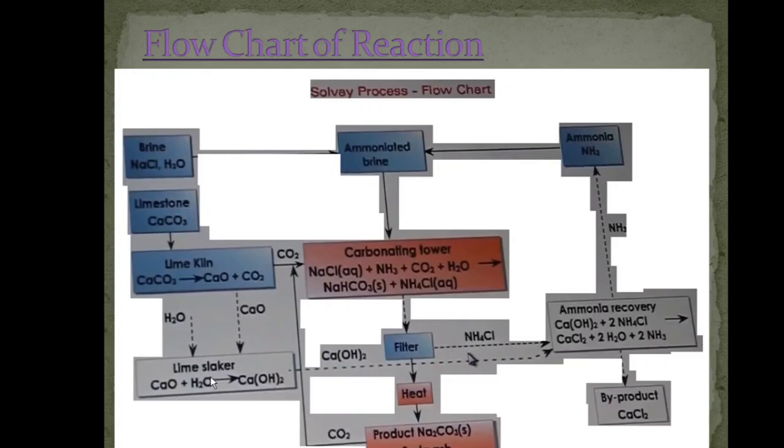Then the calcium hydroxide, which is obtained from the lime slacker, is reacted in the ammonia recovery still along with this ammonium chloride, and it gives calcium chloride plus water and ammonia. This calcium chloride is used as a byproduct and the ammonia which is produced is again recycled into the ammoniation tower. So this is the Solvay process flowchart.